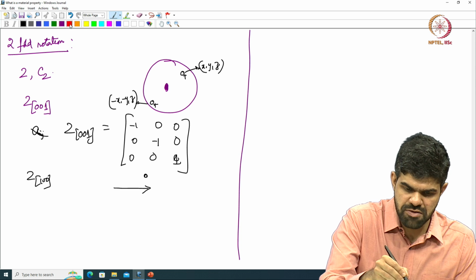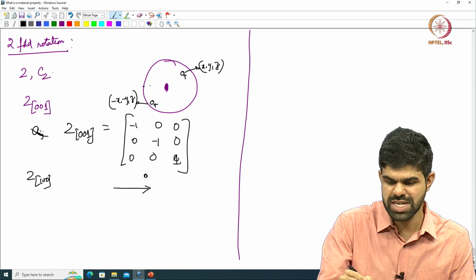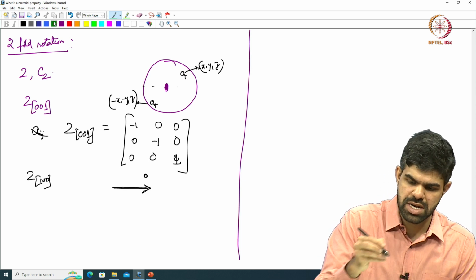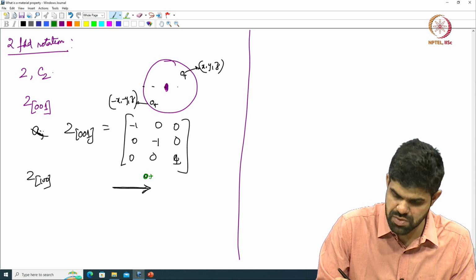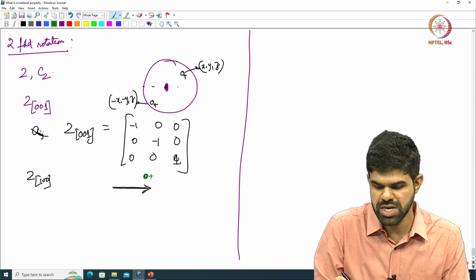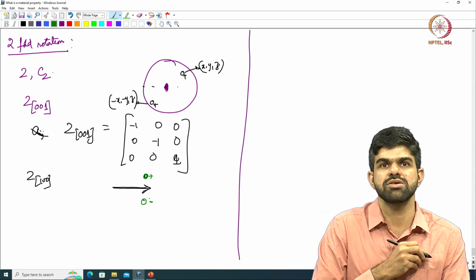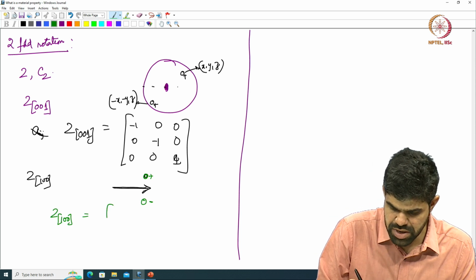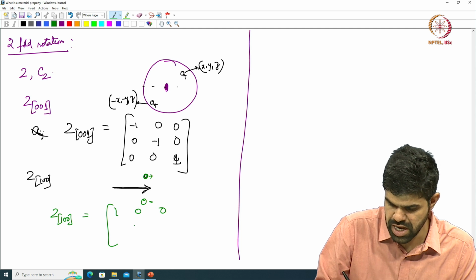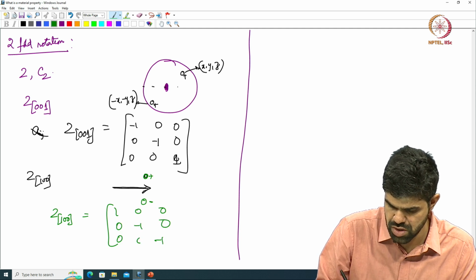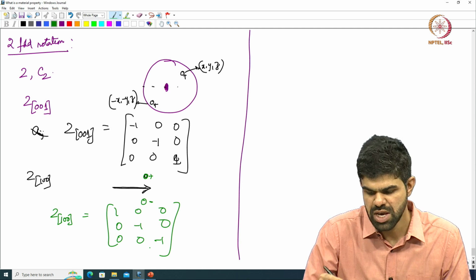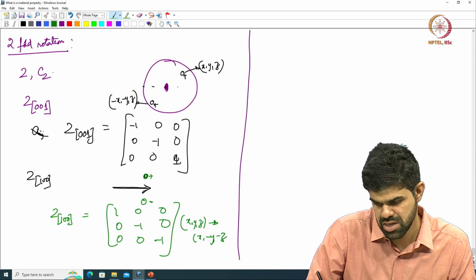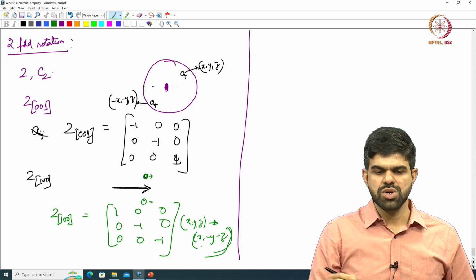Whereas if I am doing a two-fold rotation about the 1 0 0 axis, and I have an object here which is plus, coming out, then the two-fold rotation takes it down, so it is going to become minus. That is simple, and the matrix for 1 0 0 will be 1, 0, 0; the other diagonal elements, the y and z, become minus 1. So, x y z is transformed to x, minus y, minus z. So, that is what a two-fold rotation does.